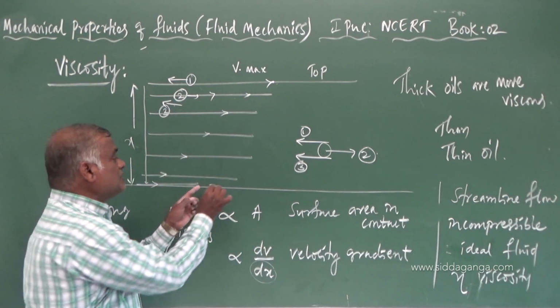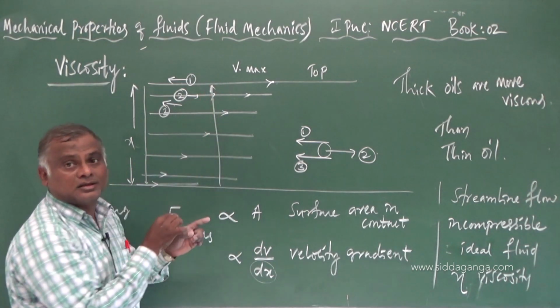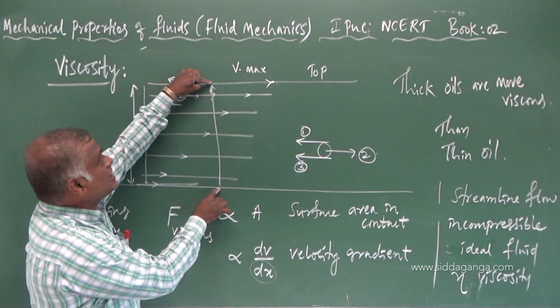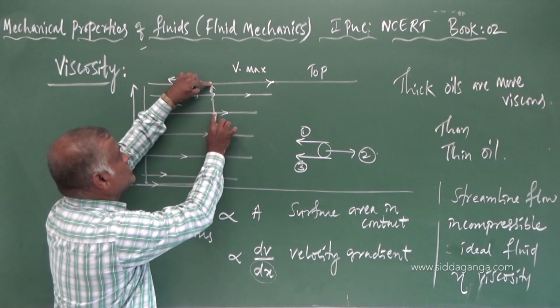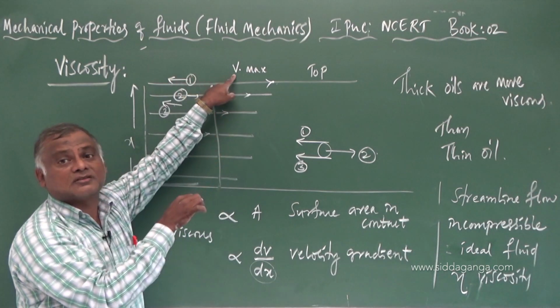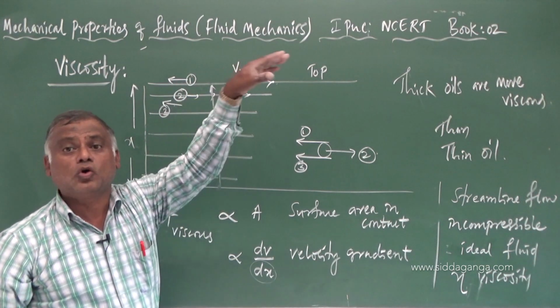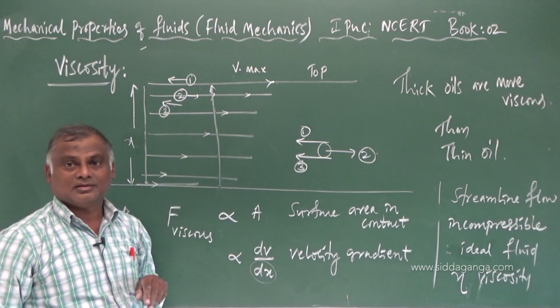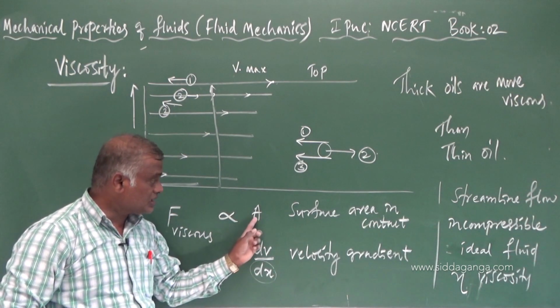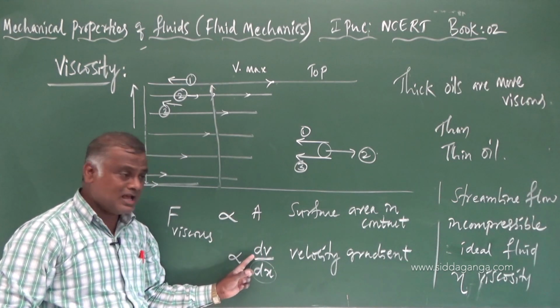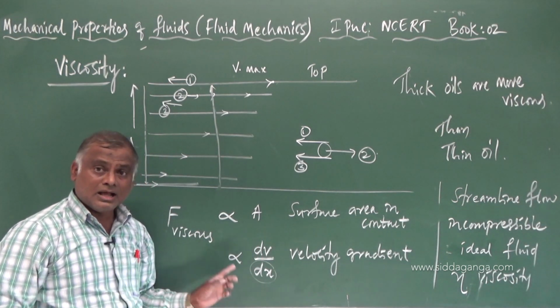Vice versa, suppose if you move to the top side, what happens? This width goes on decreasing, so that the velocity of the fluid at the topmost becomes more. Hence, this viscous force is directly proportional to surface area in contact and velocity gradient.